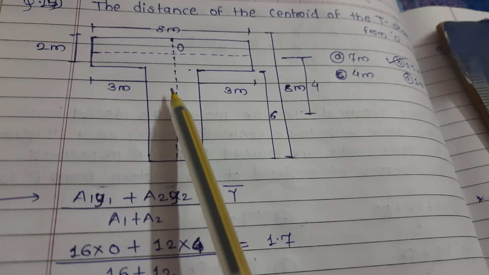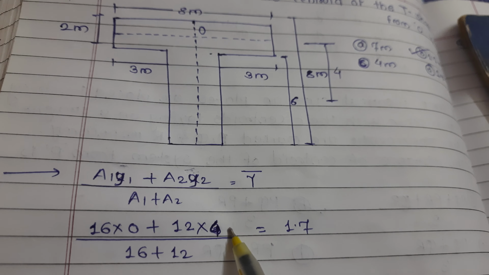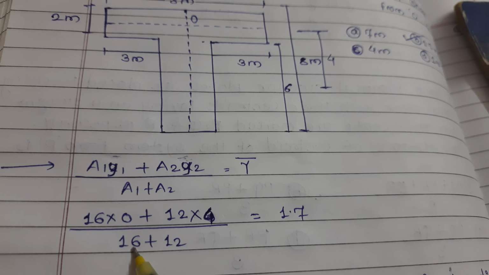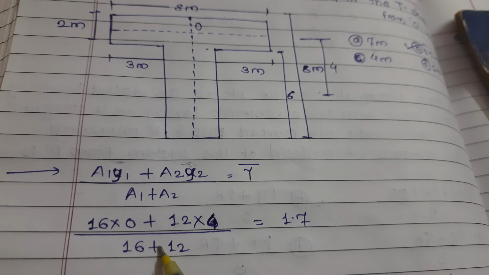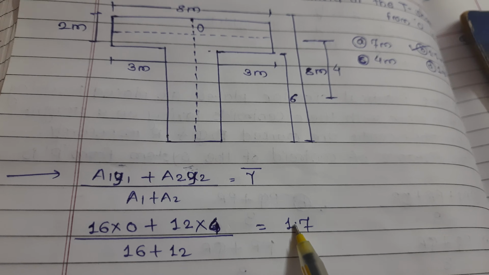The height of this is 6, so from 3 plus this 1, 4. Then 12 into 4 upon 16 plus 12, we get the answer 1.7.